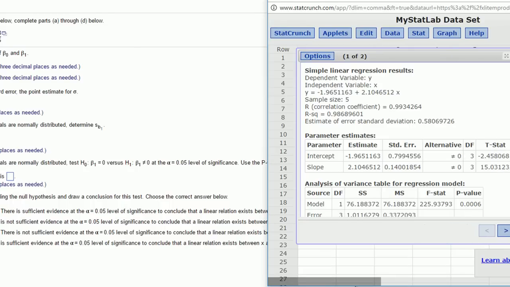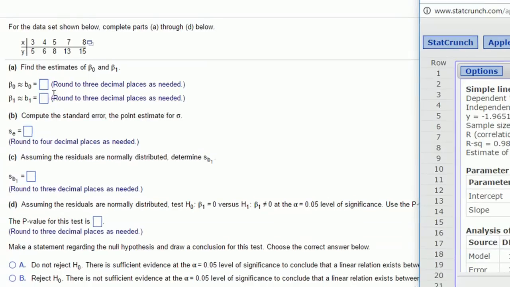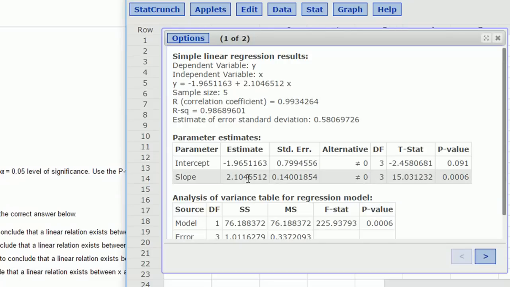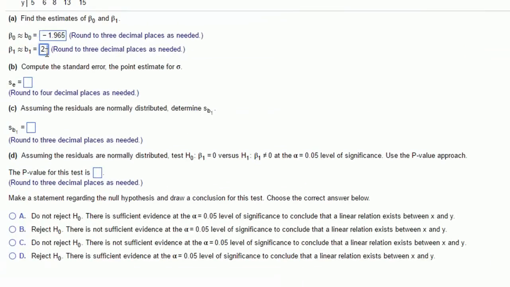So my intercept and slope: my intercept is b0, so I'm going to take 3 decimal places, negative 1.965, bring it over here. My slope is b1, 2.1046, that's 2.105. I have to round to the 3rd decimal place.